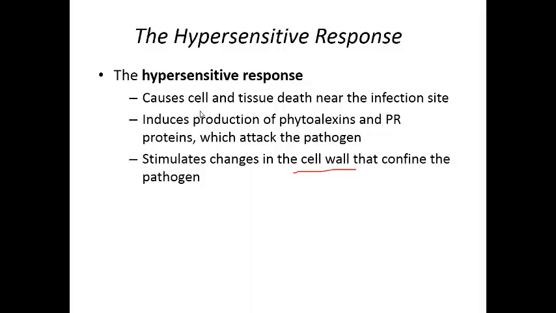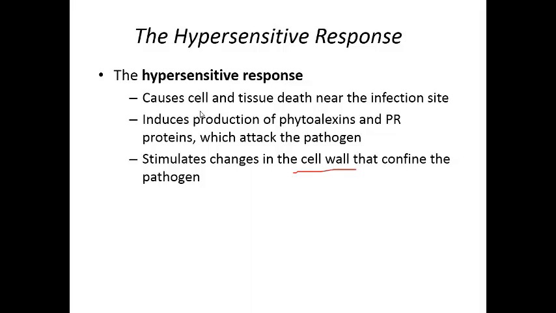So any pathogens that are in any local cells will all die as a result of cell death. Finally, the hypersensitive response is going to induce the production of chemicals and proteins which are going to attack the pathogen. The chemicals are called phytoalexins and the proteins are called PR proteins.